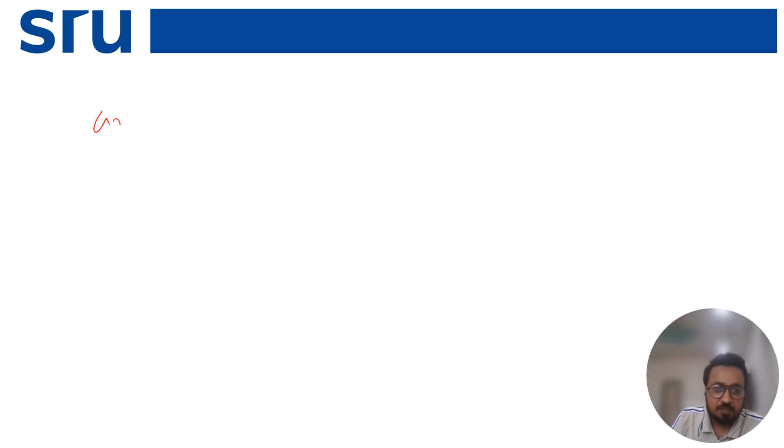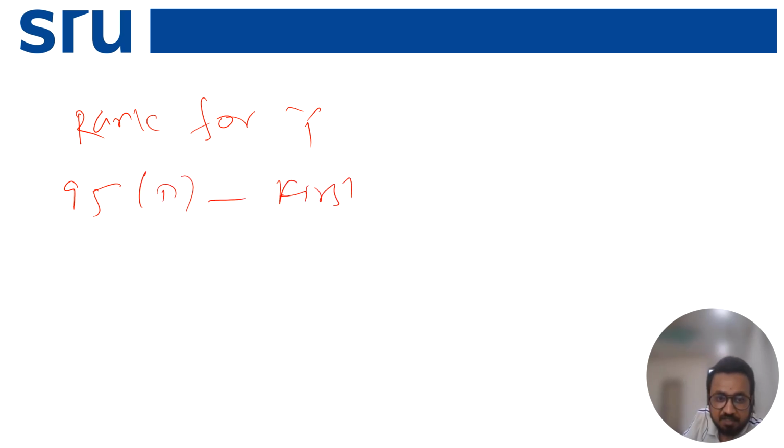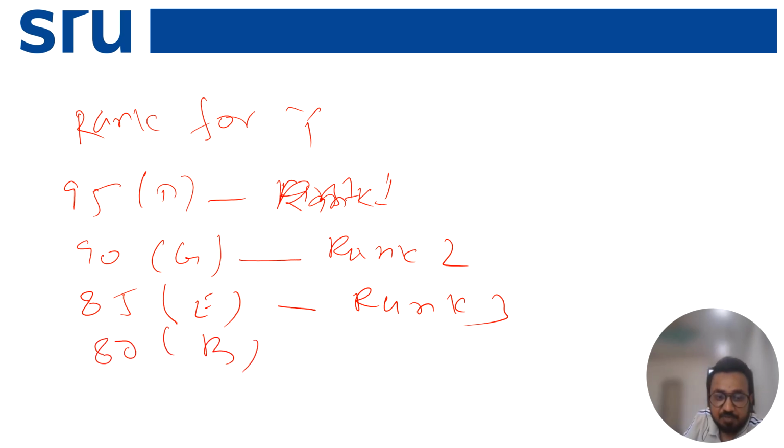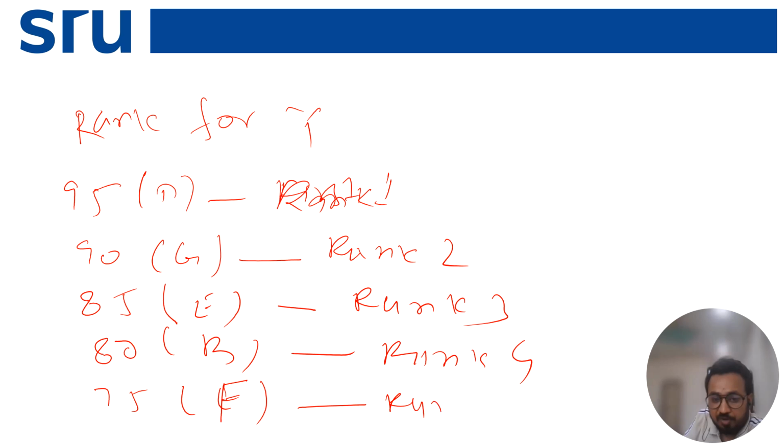For Y, we can see that student D got 95 as the first rank, rank 1, and 90 got by student G will get rank 2. 85 by student E will get rank 3, and 80 by student B got rank 4, and 75 by student F got rank 5.